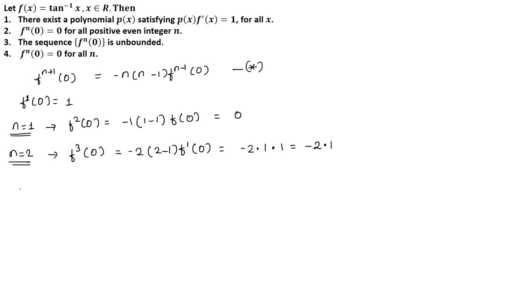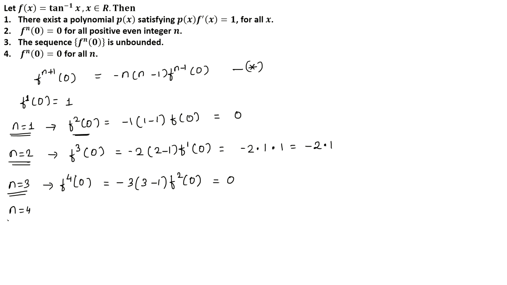On n equal to 3, we have f_4(0) equals −3 into (3−1) into f_2(0). We know that f_2(0) is equal to 0, so this term is equal to 0.